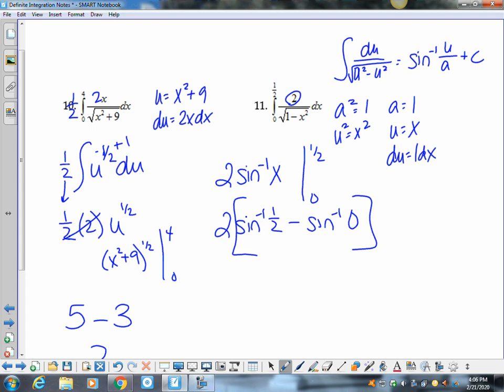So let's make sure we're super clear on what sine inverse of 1/2 means. That means there's an angle somewhere where sine of that angle is a 1/2. So this would have to come from the point ugly pretty, because the sine is the y value, and ugly pretty are going to be in the first and the third quadrant. So that's going to be pi over 6 or 5 pi over 6.